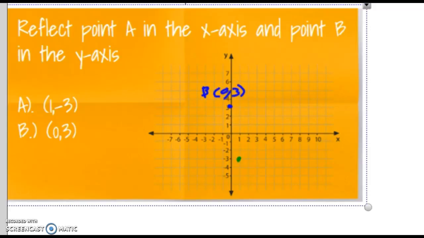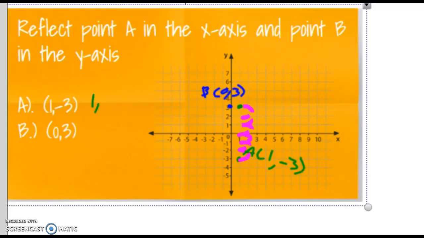And then A is at 1, -3. All right, now from here, if I reflect A in the x-axis, let's go to my pen here. I am 1, 2, 3 away, so I need to be 1, 2, 3 away. So my new point is going to be right here, and that is at 1, 3.